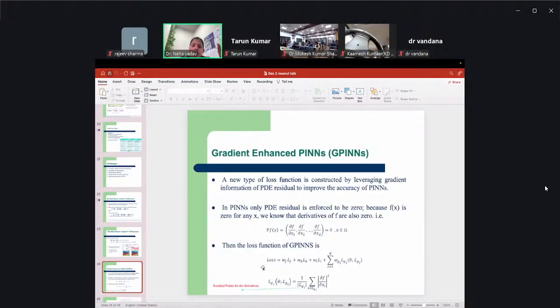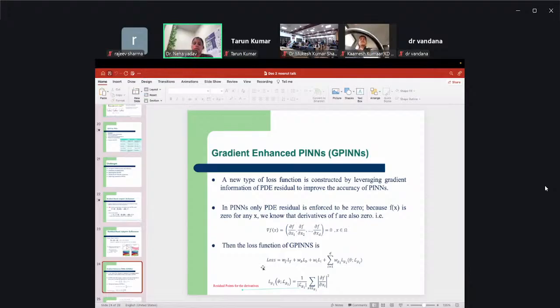In GPINN, a new type of loss function is constructed by using the information of not only the PDE residual, but they use the information of the gradient of the PDE residual also.